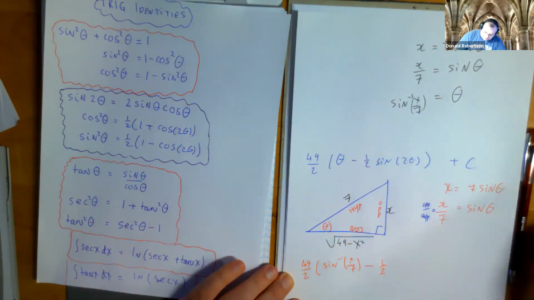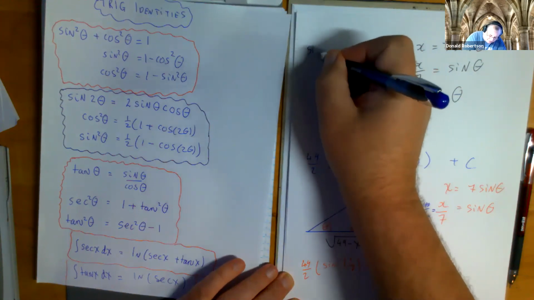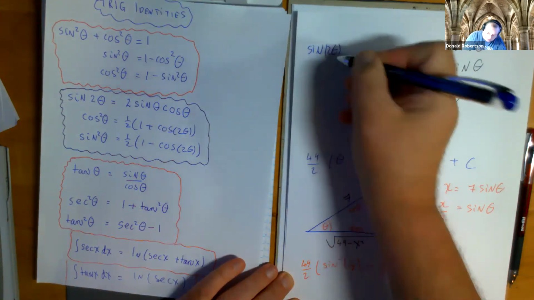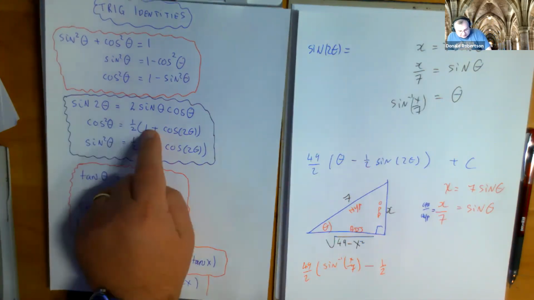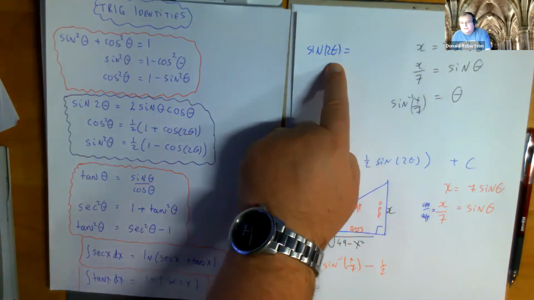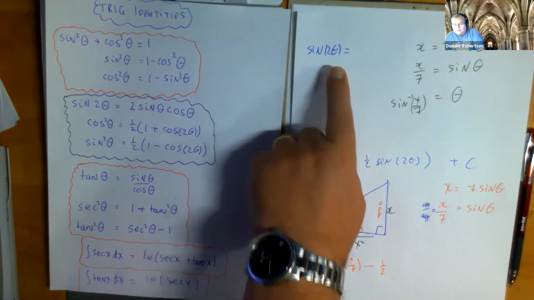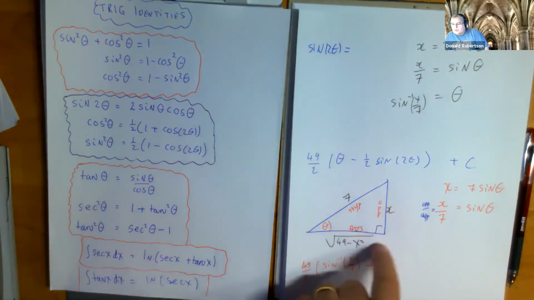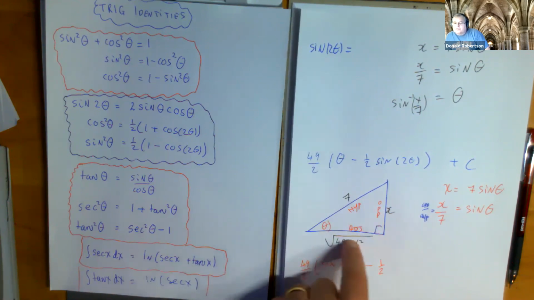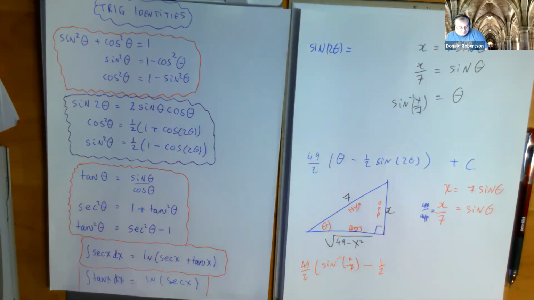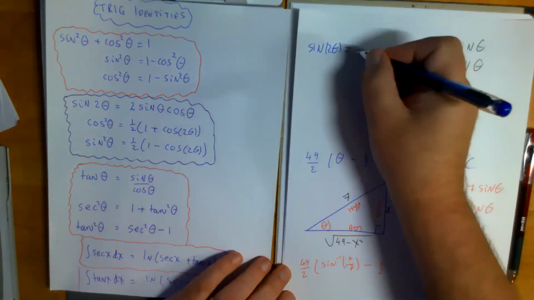1/2 of something. Okay. Now I need to find the sine of 2 theta. Is there anybody over here that I can replace the sine of 2 theta with that just uses sines or cosines of theta? Because that's what this triangle is only capable of telling me about. 2 sine theta cosine theta.